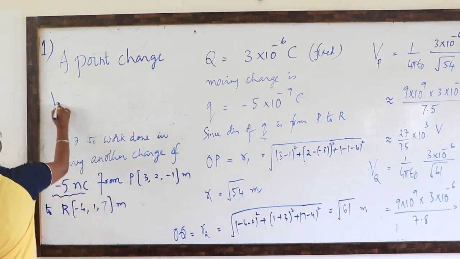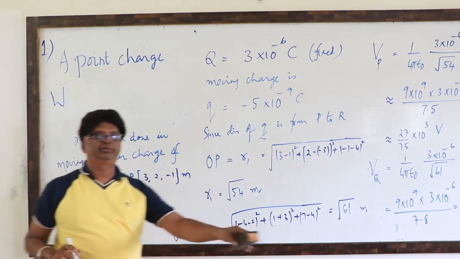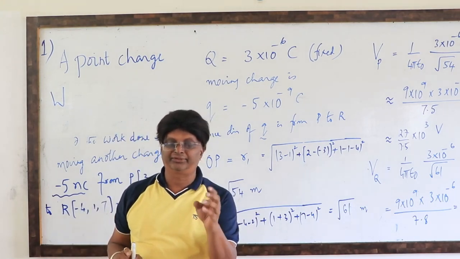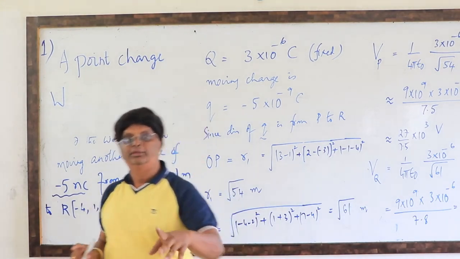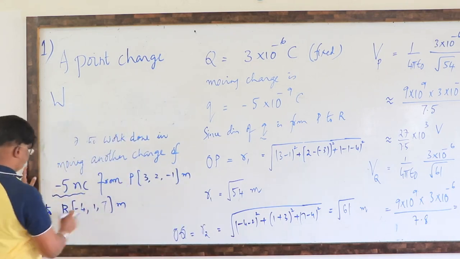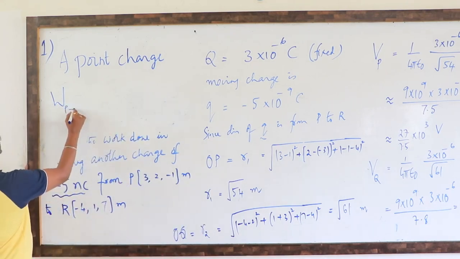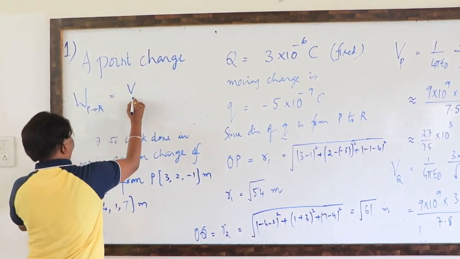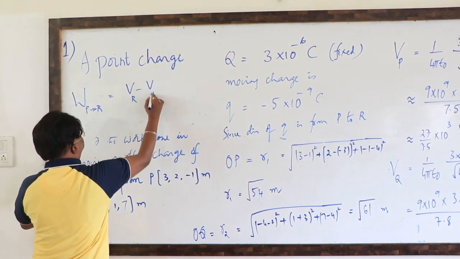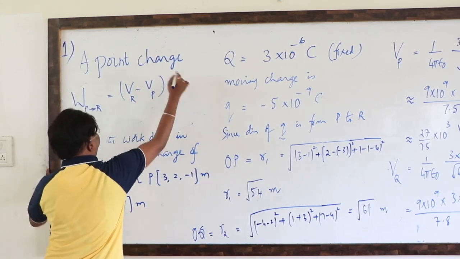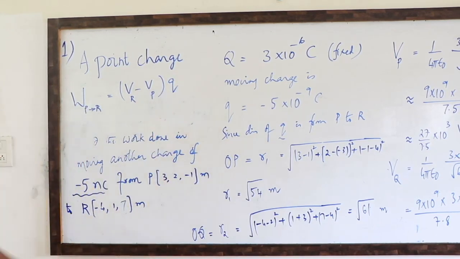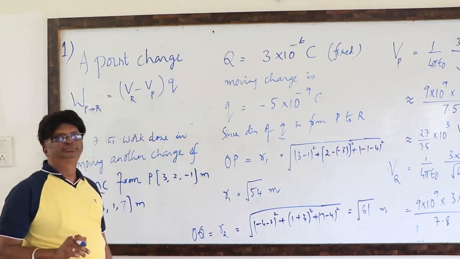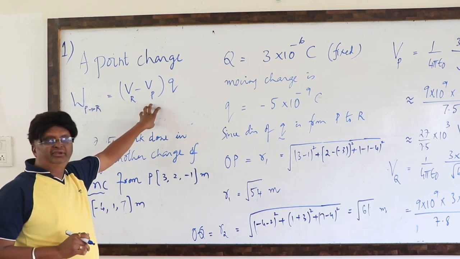Therefore now, W, and I have told you always whenever you are calculating, the signs are important, the signs given to the charges are important. Now here you are going from P to R. Therefore this is P to R equal to VR minus VP times Q. This is actually our definition.